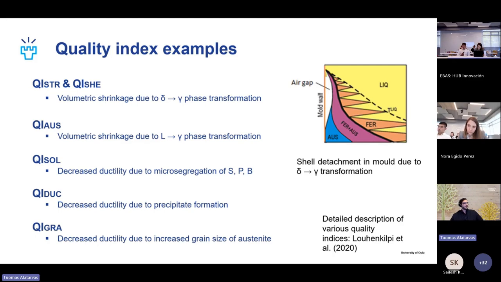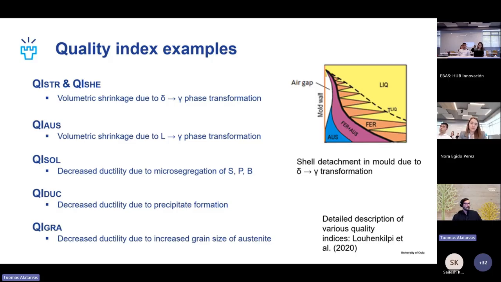So for example, quality indices STR and SHE are related to the ferrite to austenite phase transformation, at a bit different temperatures, and the quality index for austenite depicts the volumetric shrinkage due to liquid to austenite phase transformation.